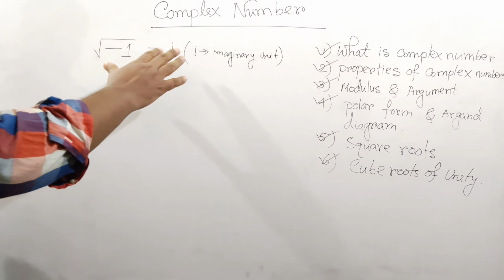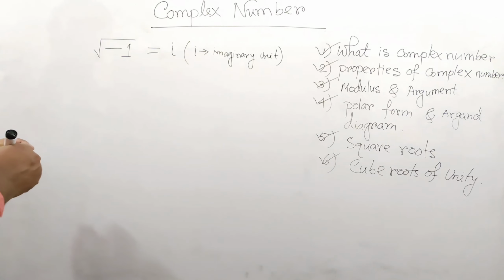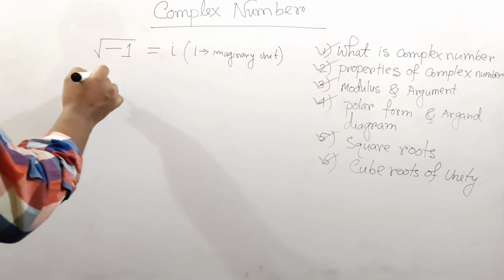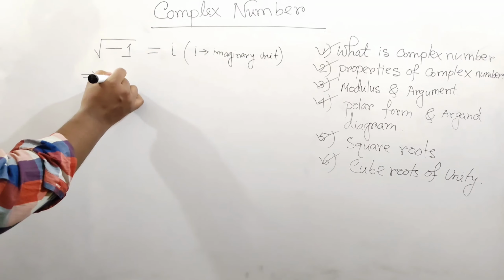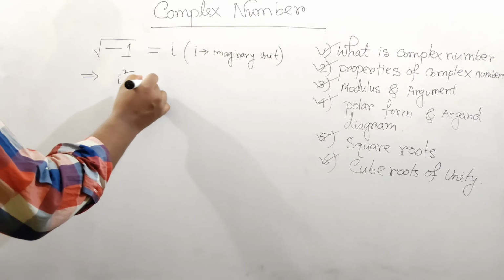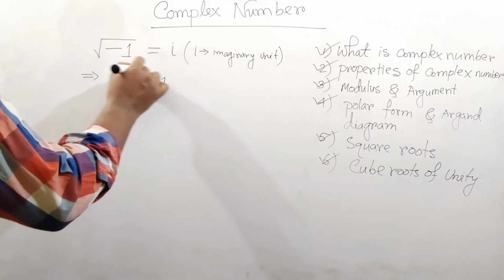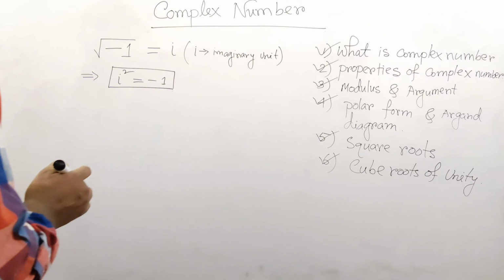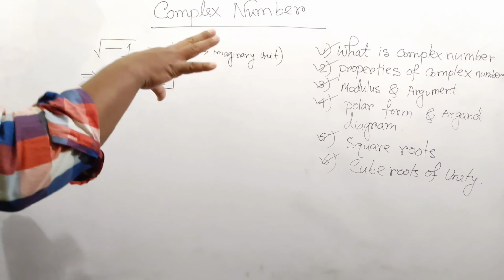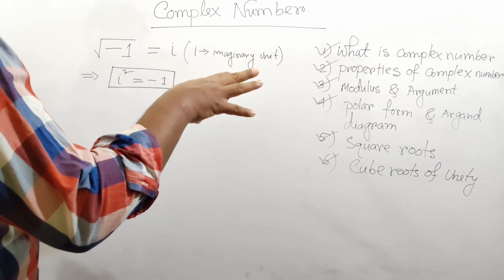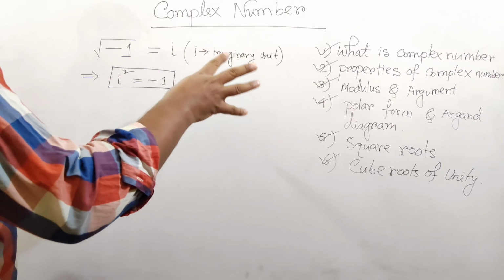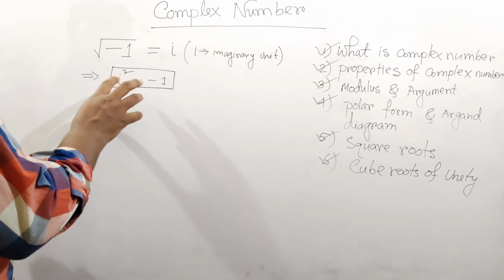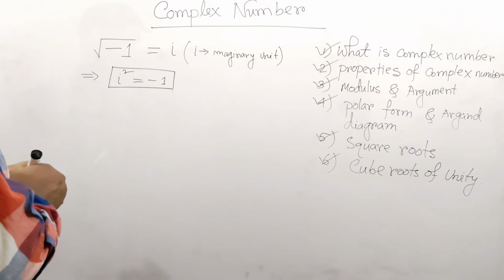So from here we can find some values of i. If we square both sides, it will be i squared, which is -1. This is one of the most important formulas for i. So anywhere in this chapter if i squared arises, you always use i squared equals -1.